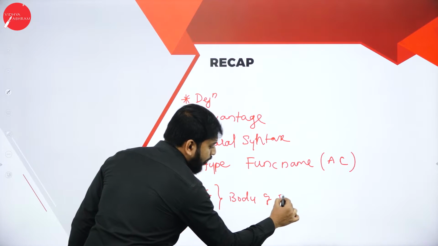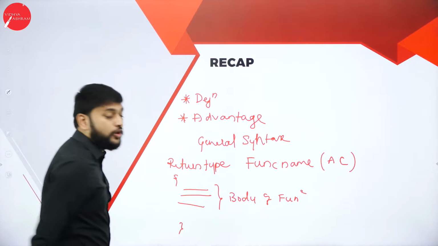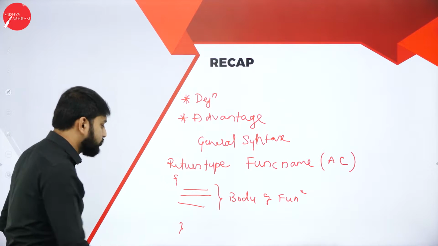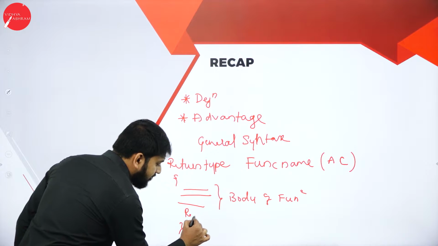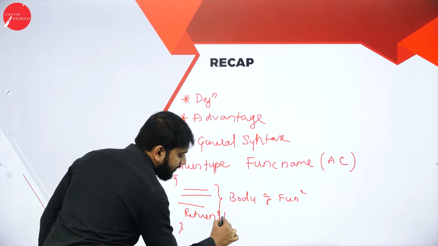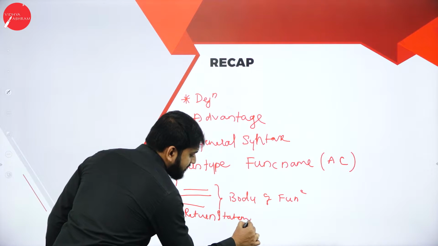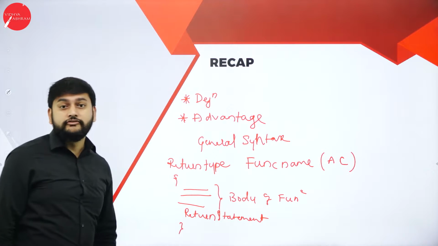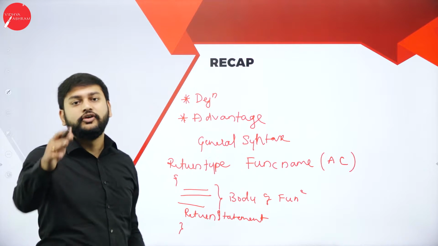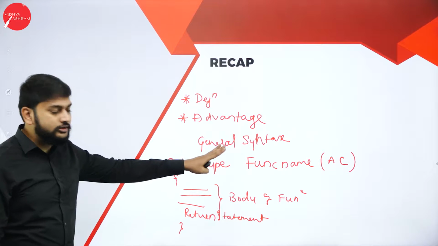That's what you have to remember. What is the last one that we have? Guys, we also have the return statement. Please don't forget this. That is the last thing you have to remember when it comes to the syntax of user-defined function. So this is the syntax.